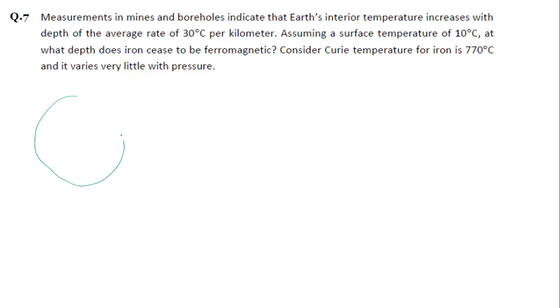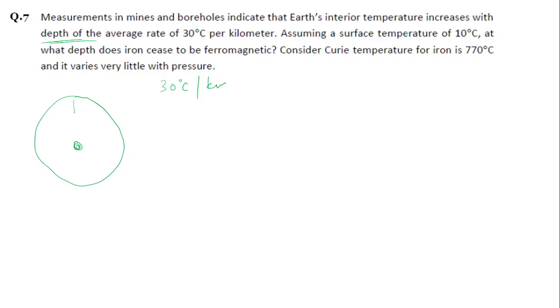Means if this is Earth, round, and as we go deeper, Earth's temperature increases by 30 degrees for every kilometer that we go towards the core, or the center of Earth. For every 1 kilometer towards the center, the temperature increases 30 degrees centigrade per kilometer.